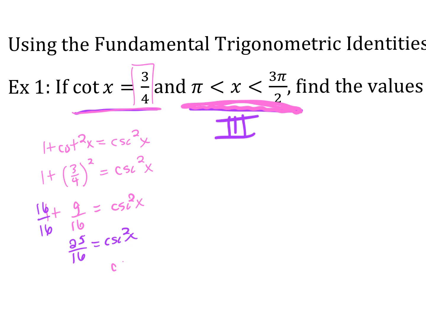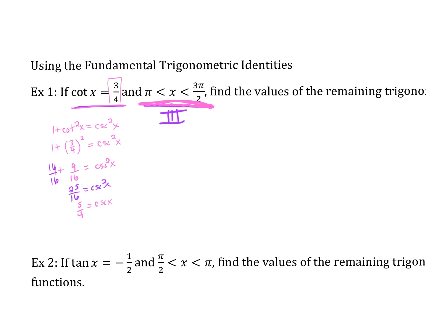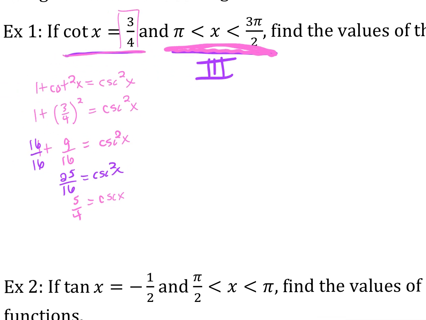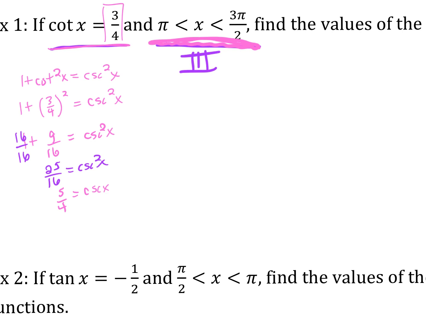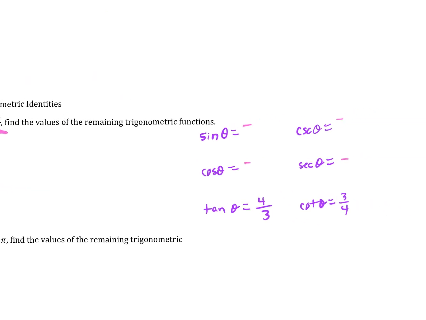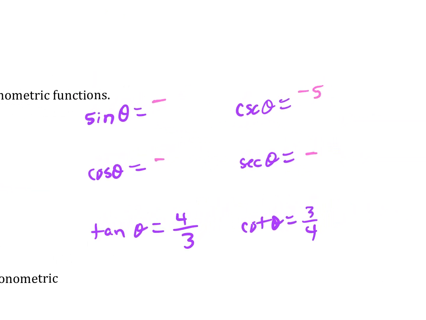If we take the square root of both sides, we should be considering whether it's positive or negative, but the good news is we've already decided on that, right? We put those signs in there already. So we just figured out that our cosecant value is 5/4, and it's negative. And so the sine value is negative 4/5.